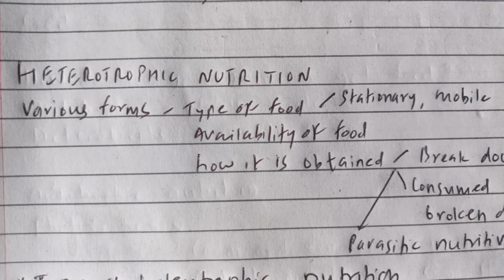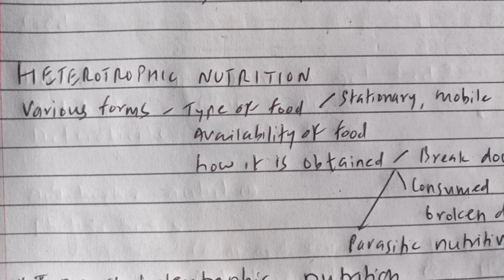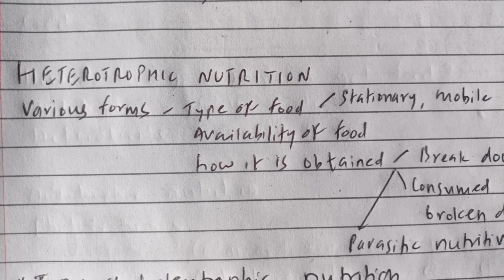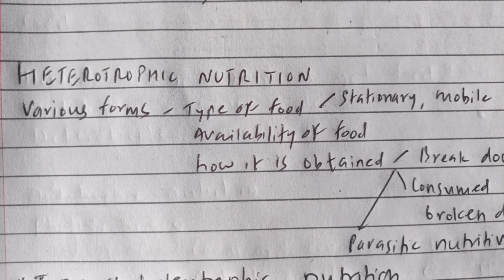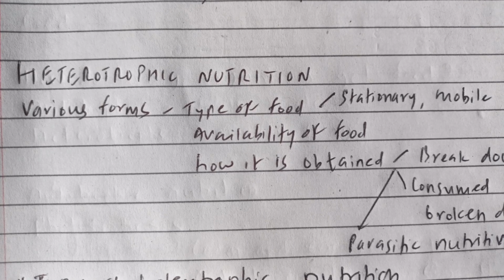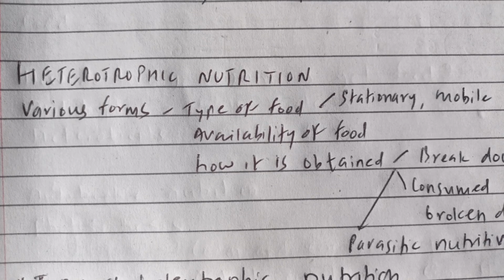Fungi do that, like bread molds, yeast, and mushrooms. Other animals take the whole food material and then break it down inside the body. What can be taken in and broken down depends on the body design of that organism and how the body functions.